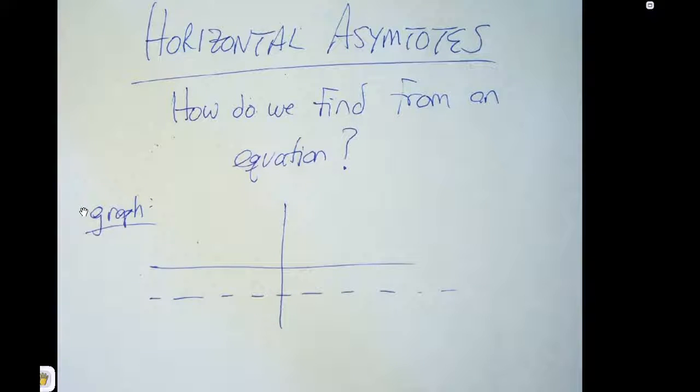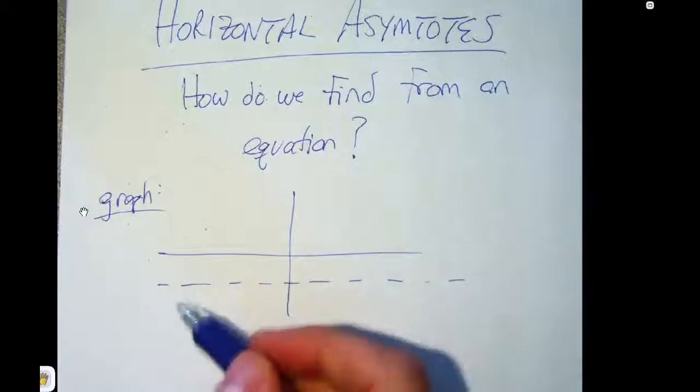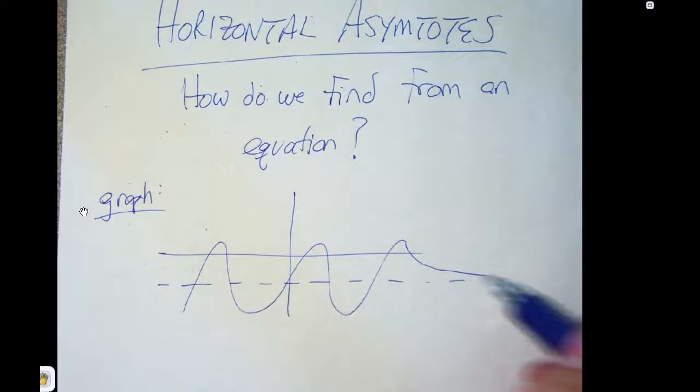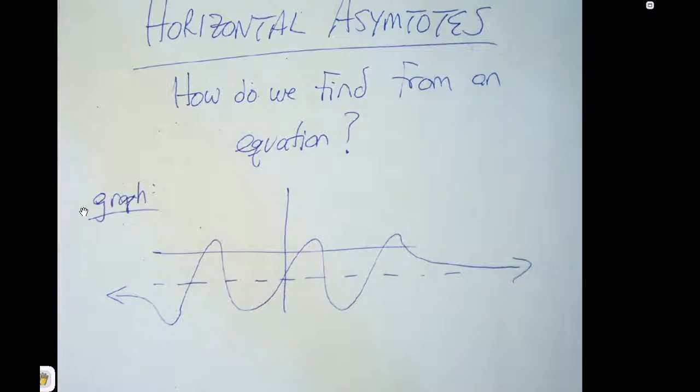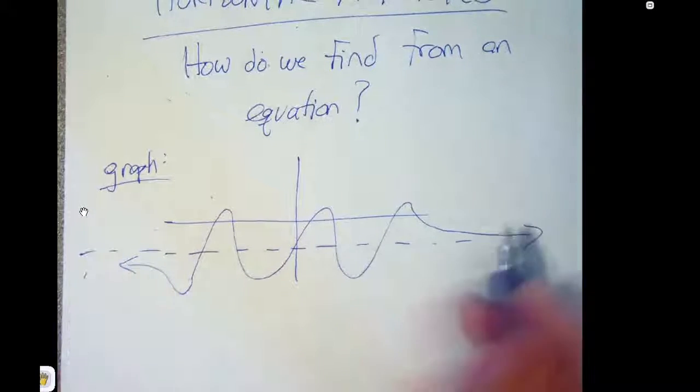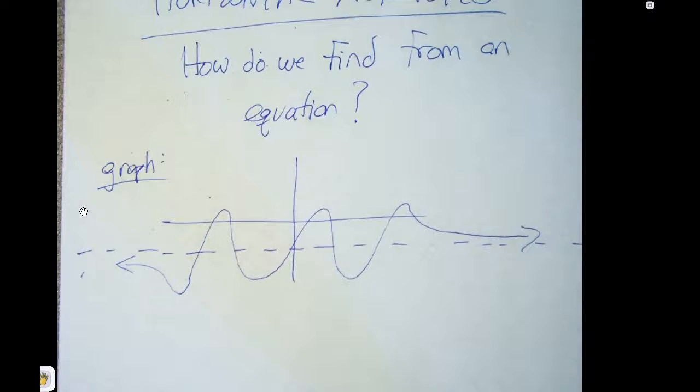Good. So if I have a horizontal asymptote, I can cross as much as I want in there, but it'll level off as I go that way. It'll level off as I go that way. So if I want to know if there's a horizontal asymptote, what x value or values am I interested in?